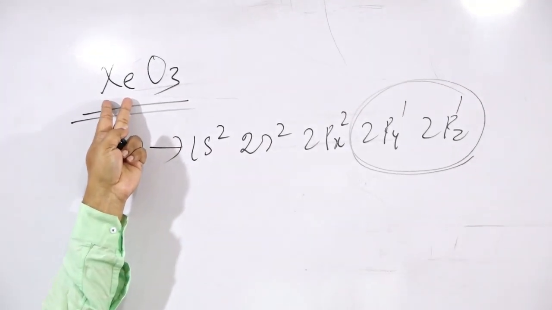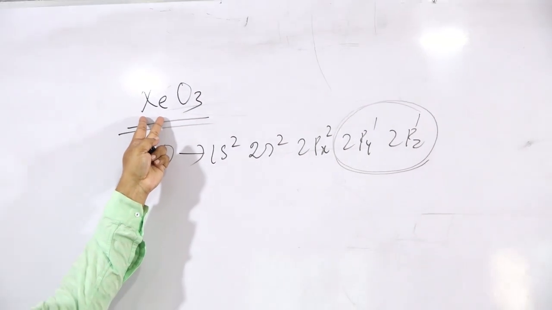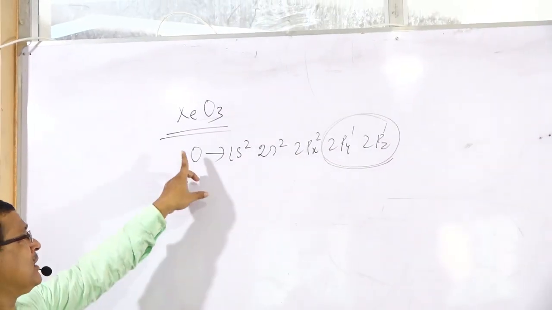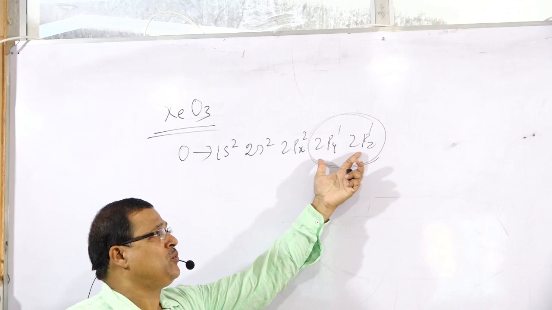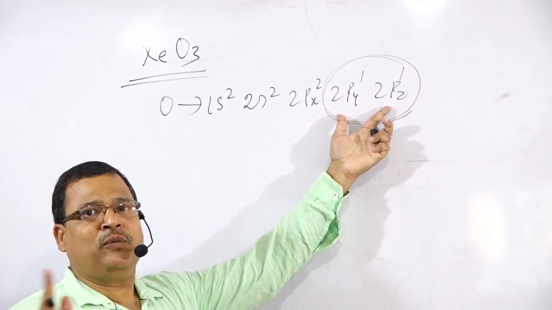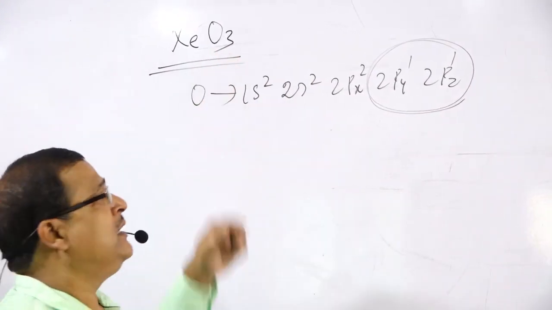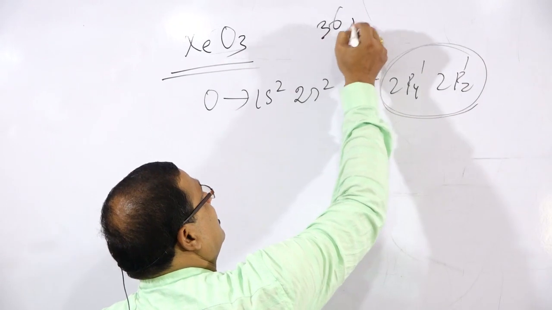Therefore one will be head-on overlap and another lateral overlap forming pi. This means the oxygen atom forms 2 bonds, one sigma and one pi. So with 3 oxygen atoms, there are 3 sigma and 3 pi bonds.